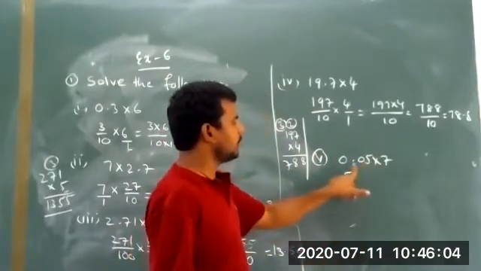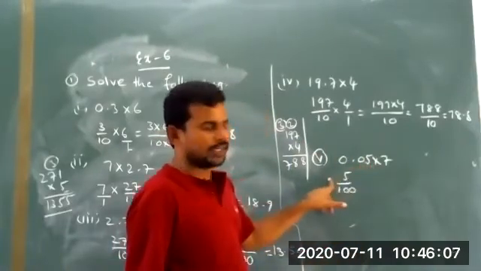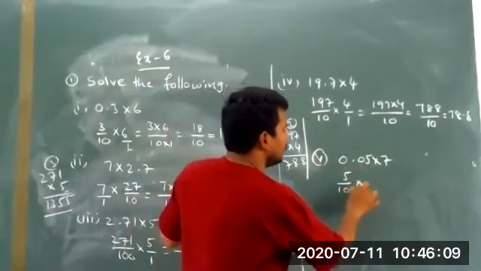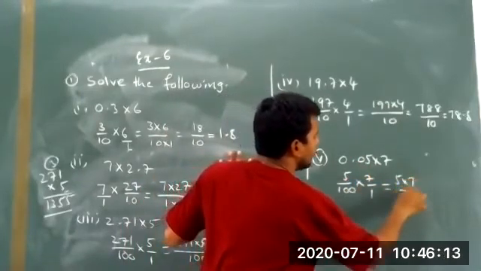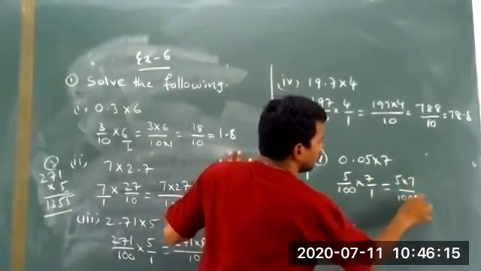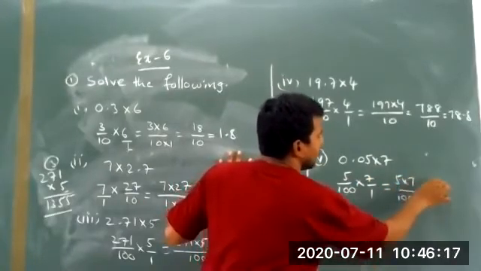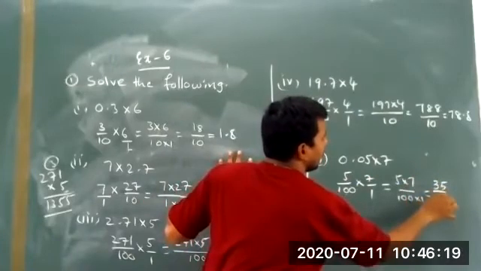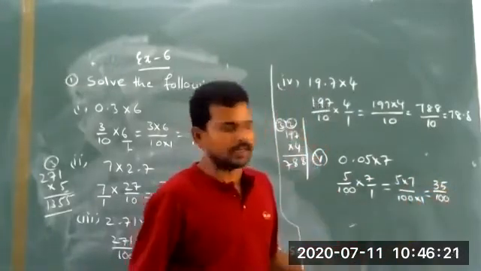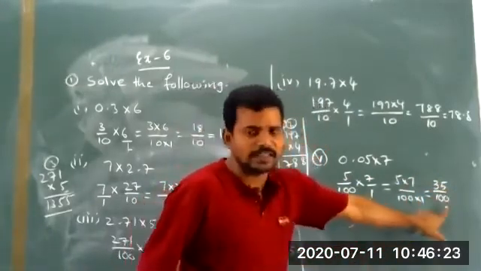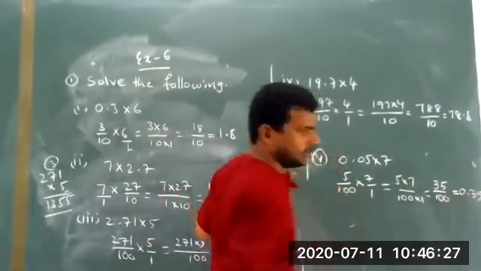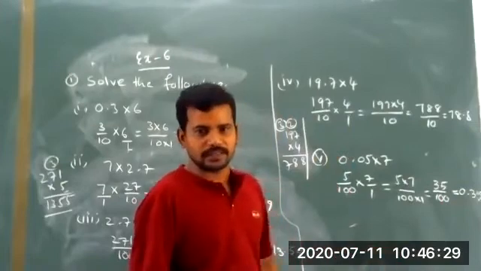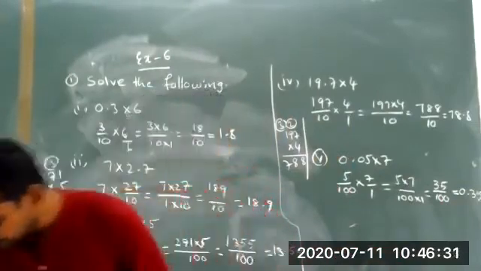So 0.05 in fraction is 5 by 100, into 7 by 1, equals 5 into 7 by 100 into 1, equals 5 sevens are 35 by 100. In the denominator 100 is there, so the answer is 0.35. That's the answer.